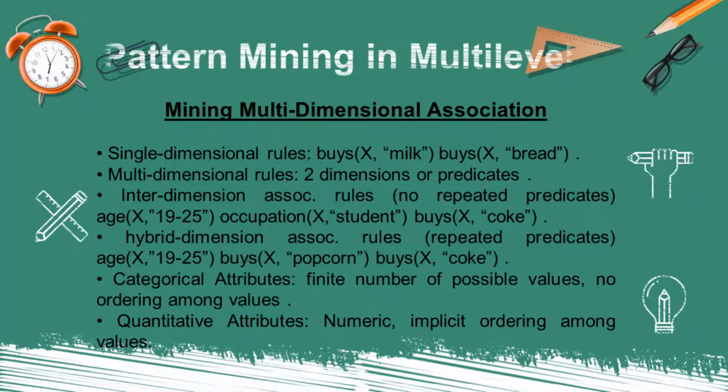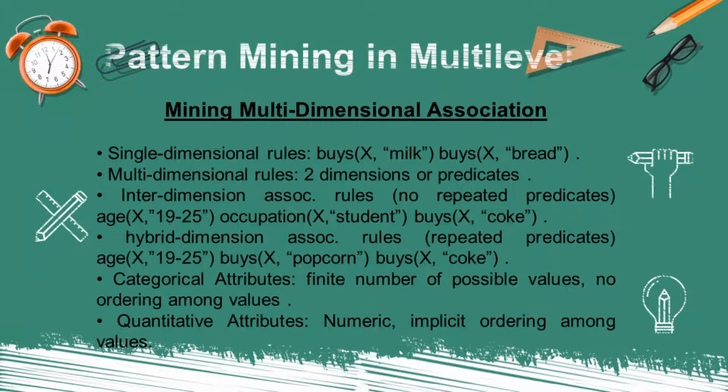Interdimension association rules, no repeated predicates, like age X 19 to 25, occupation X and student, buys X and Coke. Hybrid dimension association rules, repeated predicates: age X and 19 to 25, buys X and popcorn, buys X and Coke.